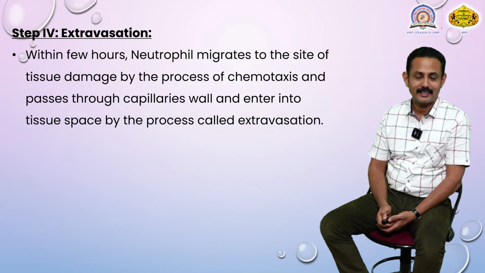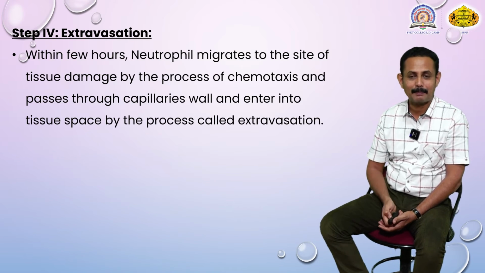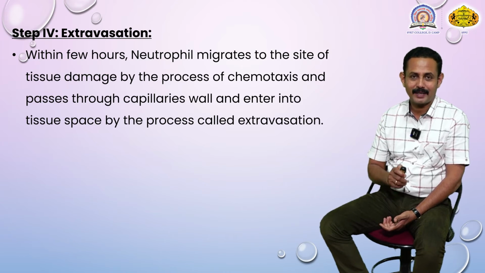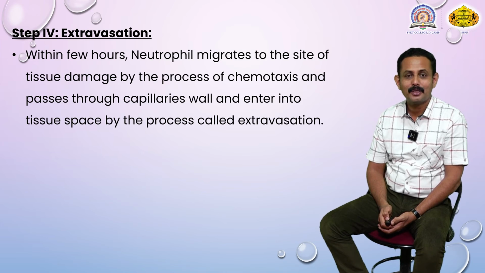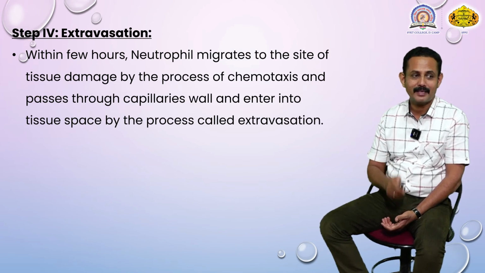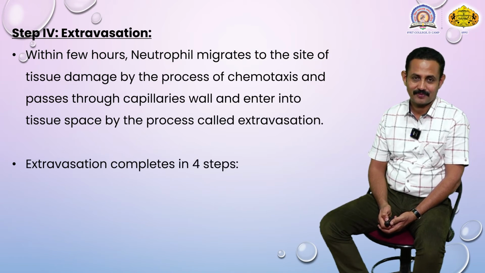What is chemotaxis? It is the attraction of cells towards chemicals secreted by microorganisms or by the damaged tissue, especially histamines and different types of toxins. Due to this chemotaxis mechanism, they pass through the capillary wall and enter into the tissue spaces. This entry is called extravasation.